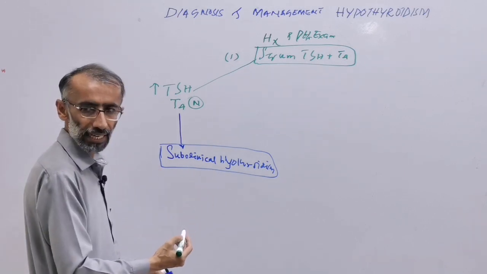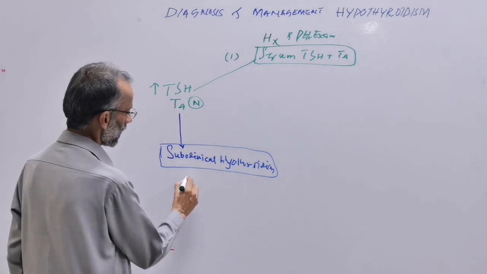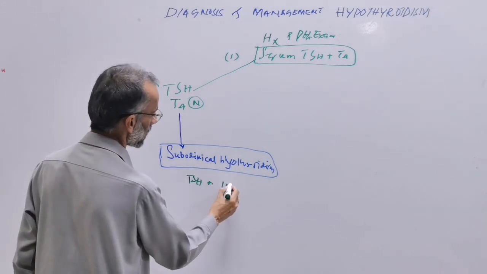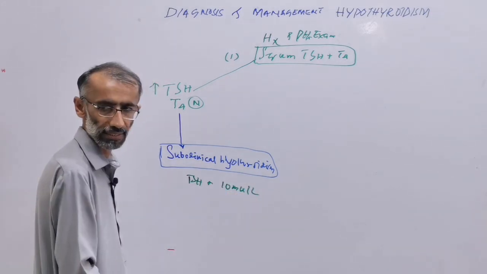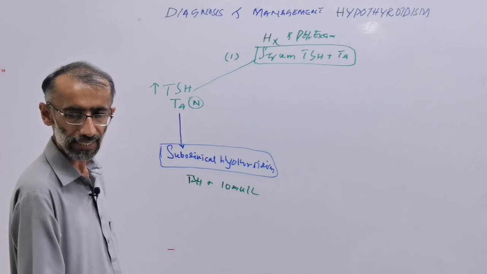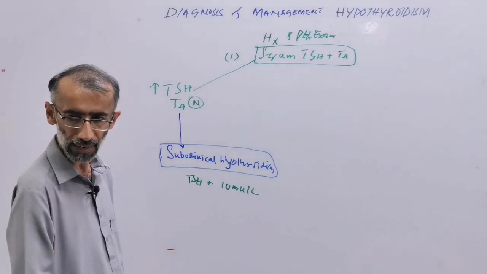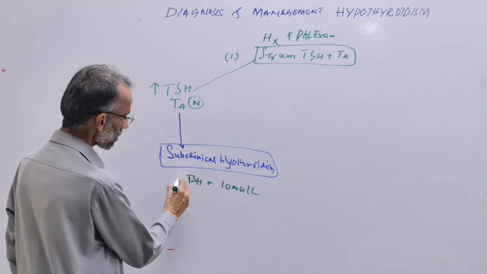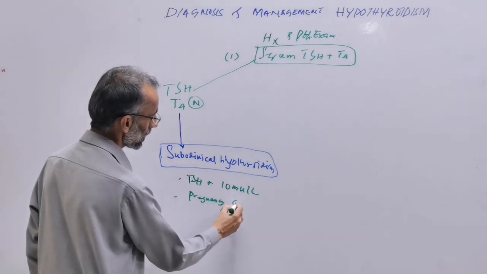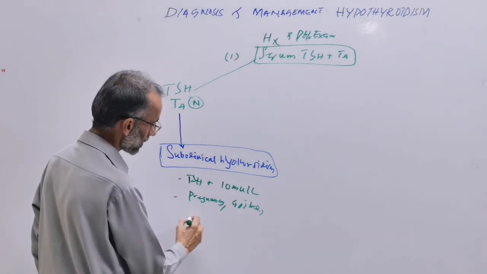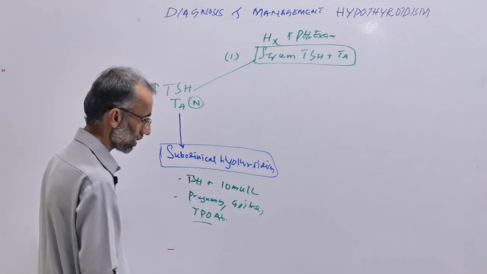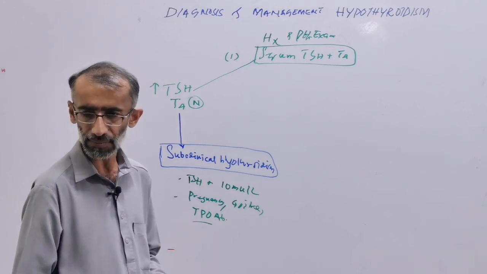We will treat it if the TSH is persistently elevated above 10 milliunit per liter, or in the presence of pregnancy, presence of goiter, or presence of TPO antibodies, antithyroid peroxidase antibodies.